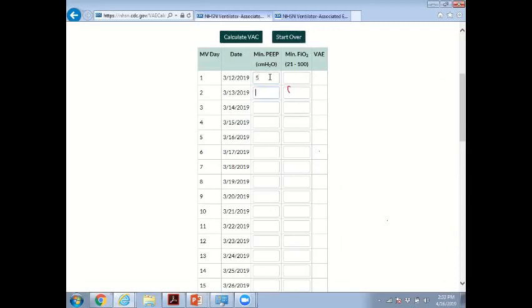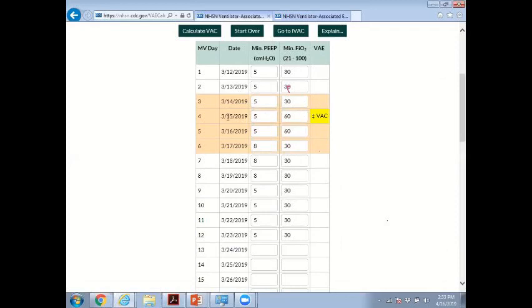Let's say the PEEP is 5, 5, 5, 5, 5, then 8, 8, 8, then 5, 5, 5. And for the minimal FiO2, it was 30, 30, 30, then let's say 60, 60, and back to 30, 30, 30. The calculator basically will tell you if you have VAC and when.